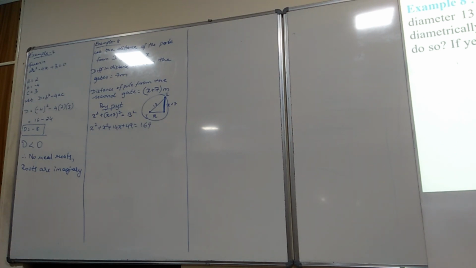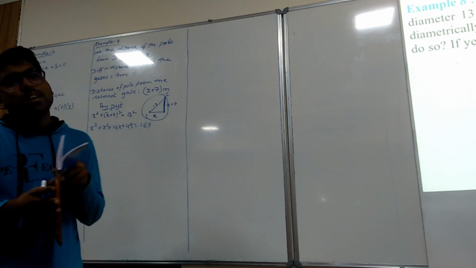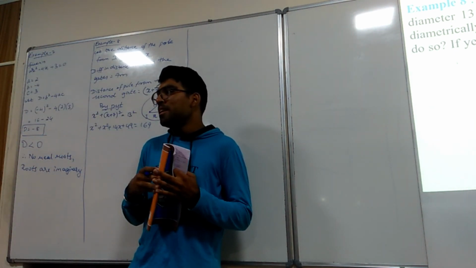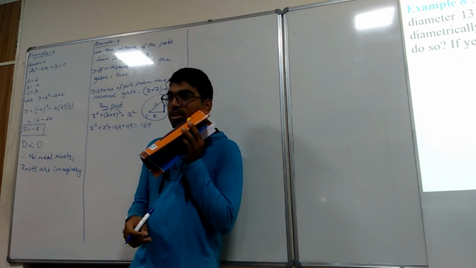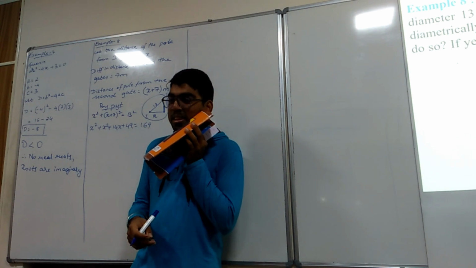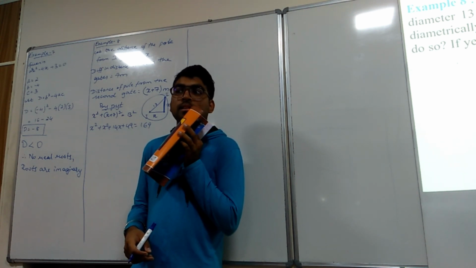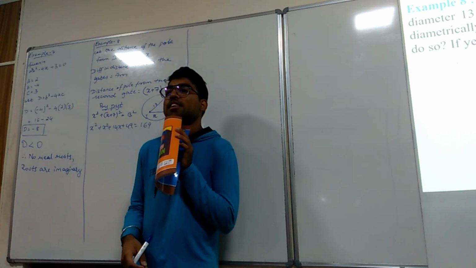Okay, so you have to remember how to solve this. Don't open the books, don't turn the pages, remember the values. The same problem we solved in the last class.